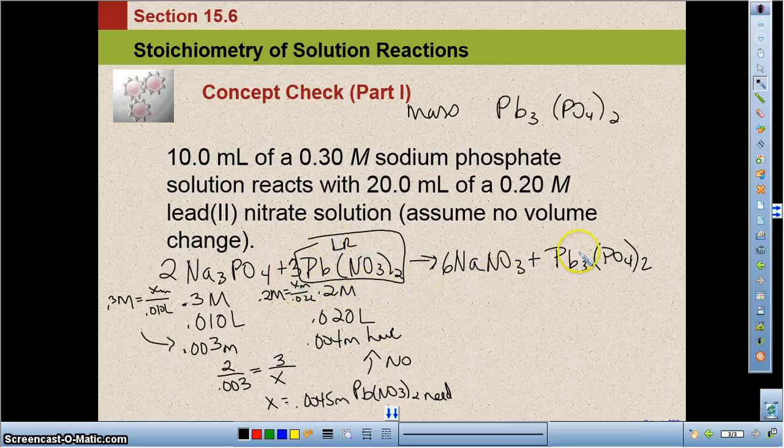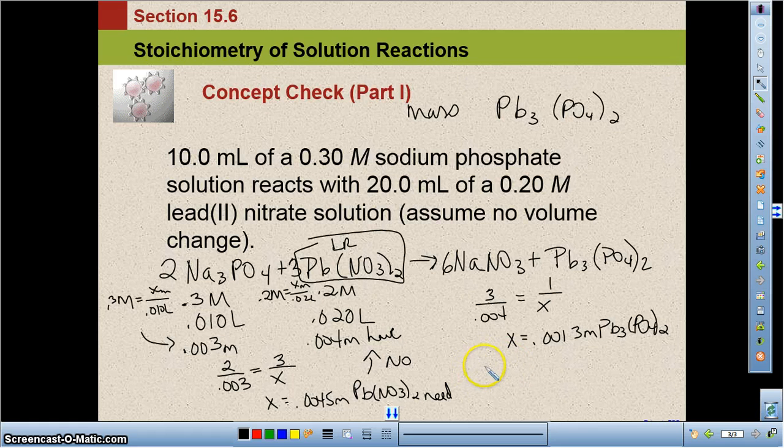Now I take my limiting reactant over here to my product. So 3 is to 1, and what I have is 0.004, as x is to 1. So 0.004 times 1 divided by 3, x equals 0.0013 moles of Pb3(PO4)2. Now we need the molar mass of Pb3(PO4)2. The Pb3(PO4)2 is a pretty hefty molecule.